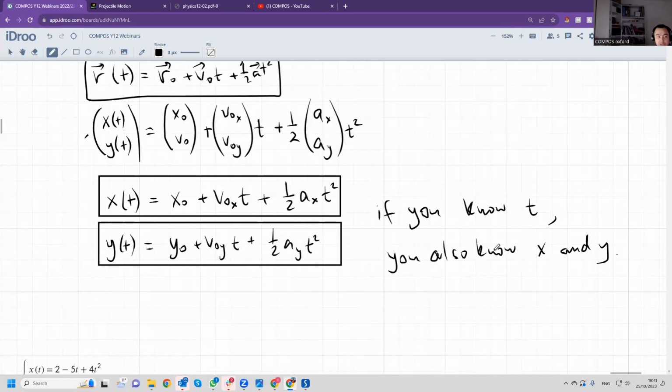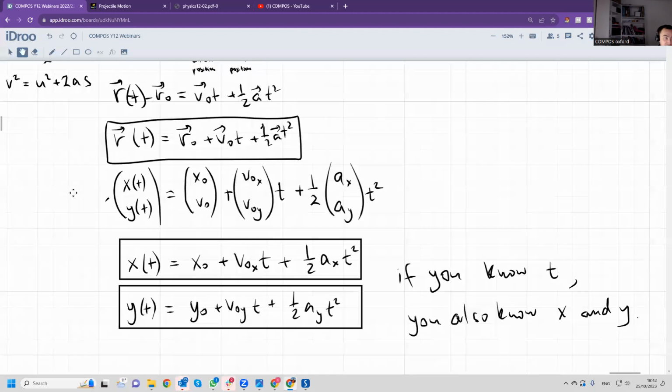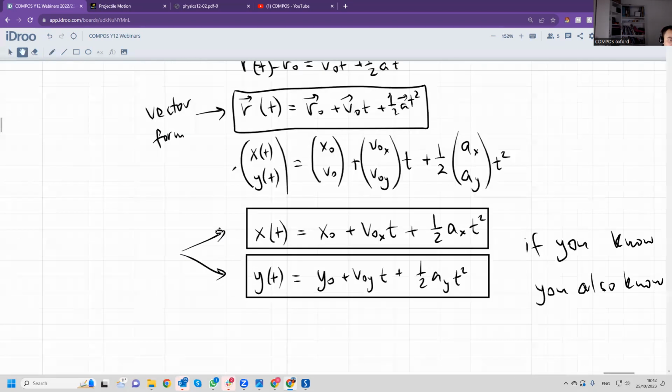So an equation of motion gives you the position of an object at any given moment in time. And this could be written in this form. This is the brief version. This is the vector form. And this is the component form, or parametric form, whatever you like to call it.